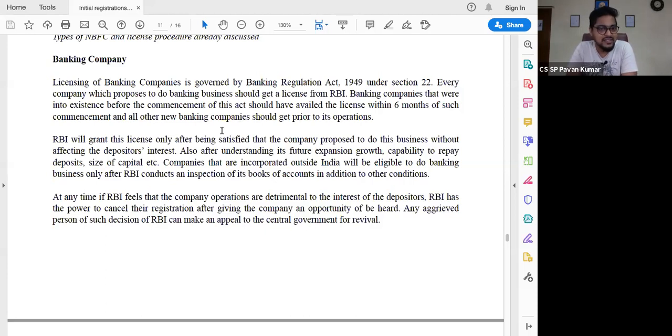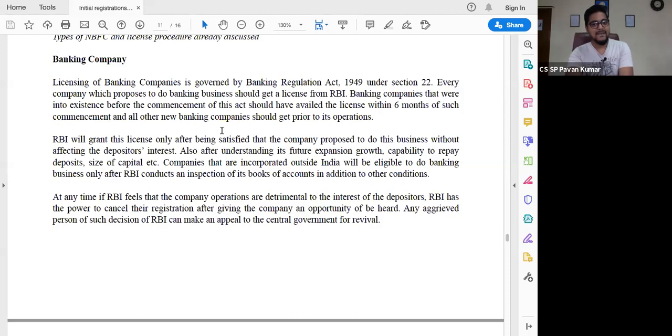RBI will grant this license only after being satisfied that the company will do business without affecting the depositors' interest. The main thing that RBI sees is that a lot of people will start depositing into the company. Will this bank function in a way which will not affect the depositors' interest? Only in that case will they give the license.